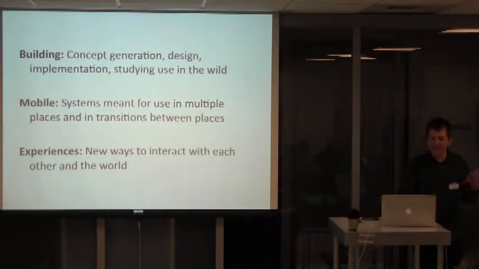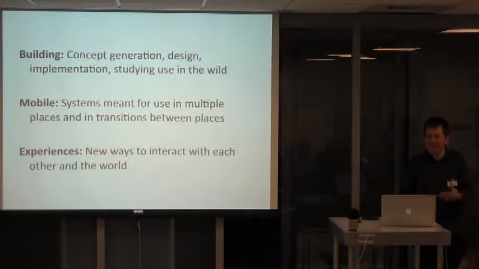So the title of the book is Building Mobile Experiences. And by building, I really mean everything from generating the concept, designing it, building it, and then studying how it's used over months and months and months in someone's daily life, and seeing how it affects their life and their relationships with their friends and family.